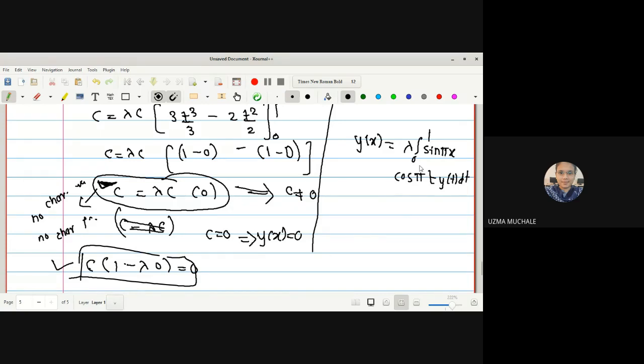Those who have solved, you can solve lambda integration 0 to 1 sin pi x cos pi t y of t dt. Try to solve this one.